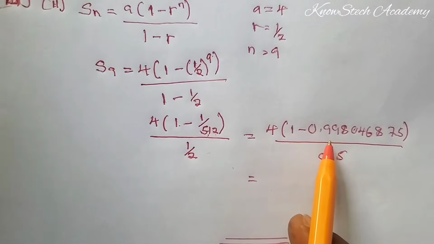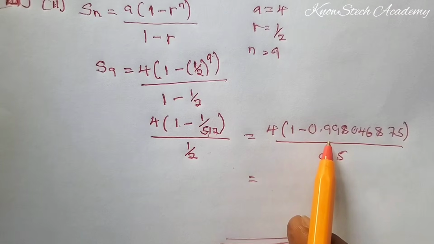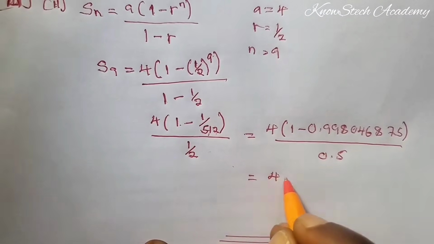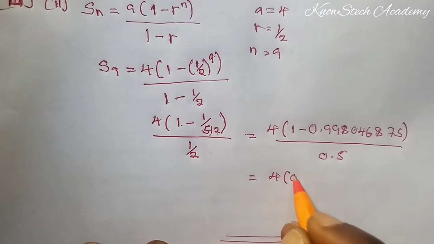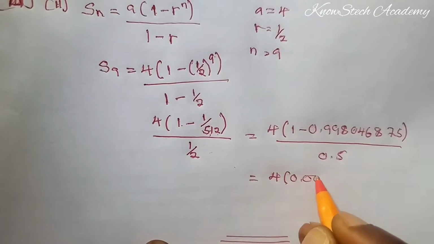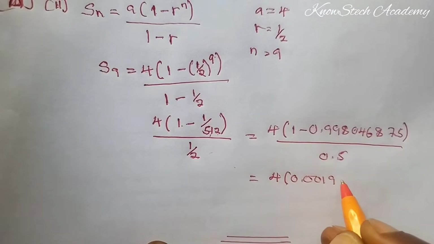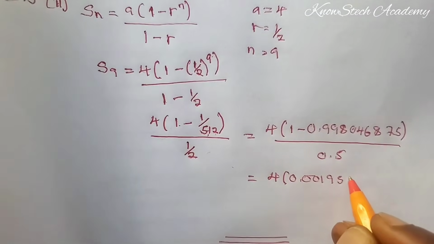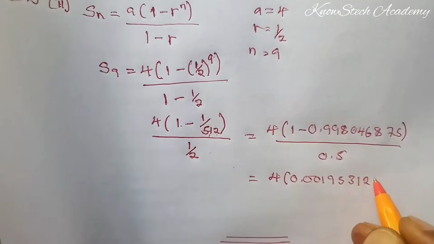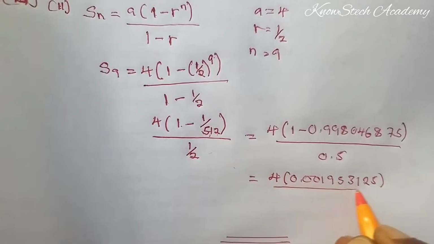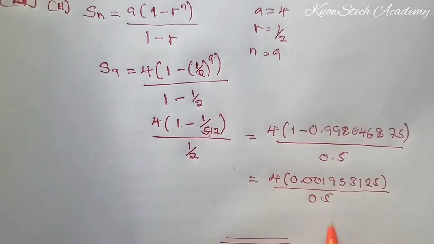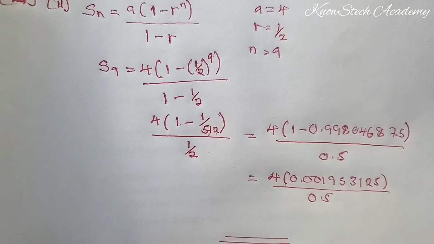When you subtract there, we're going to have 4, open bracket, 0.019533125, over 0.5.